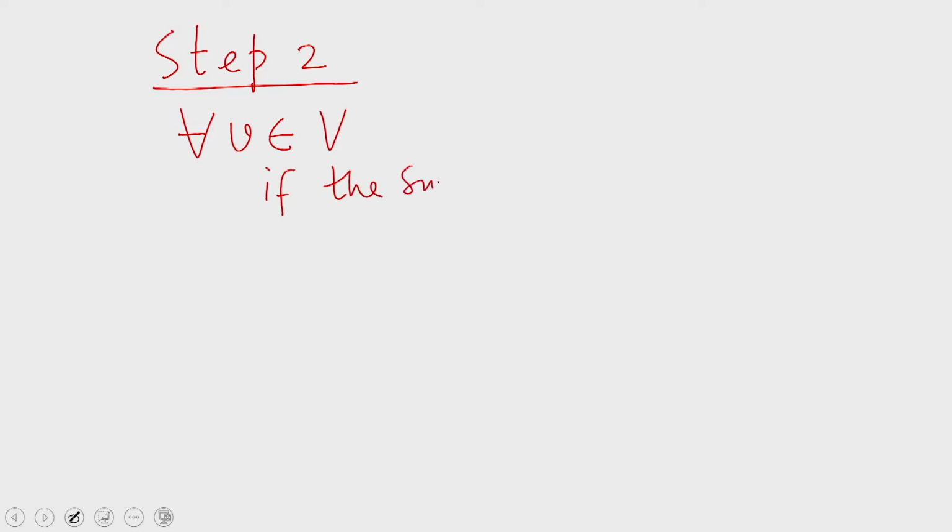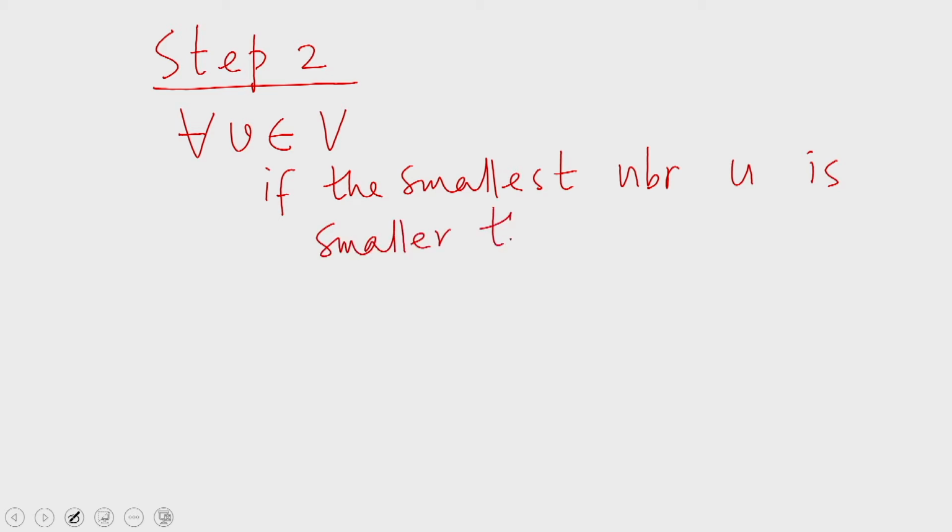And then in the next step, now we have found the smallest neighbor for every vertex. What we do is this: for every vertex, if the smallest neighbor u is smaller than v, then define P of v as u.